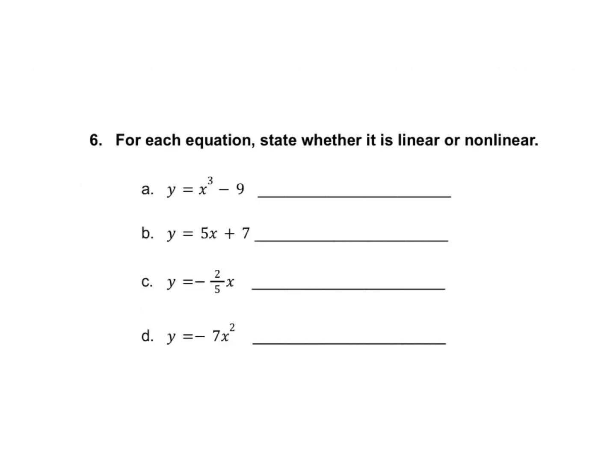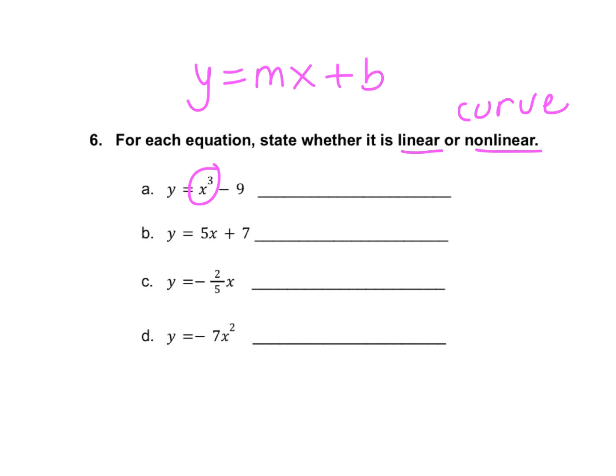For number 6, for each equation, state whether it's linear or nonlinear. Linear would make a straight line when we graph it, and nonlinear would curve. And we have learned that if we ever see an exponent, if it's not in traditional y equals mx plus b form, if there's an exponent, it's going to show exponential growth, which is non-linear.